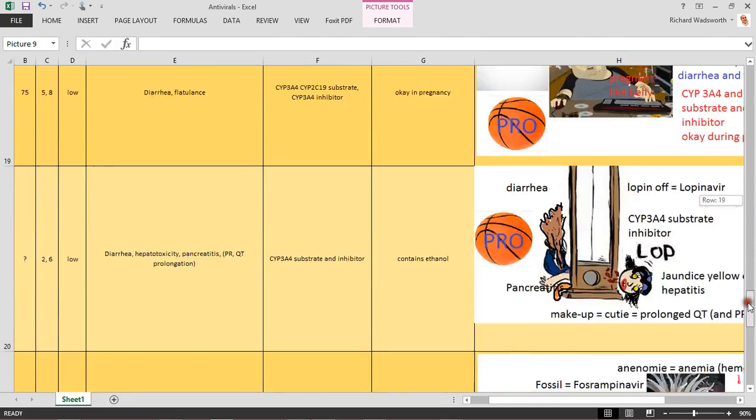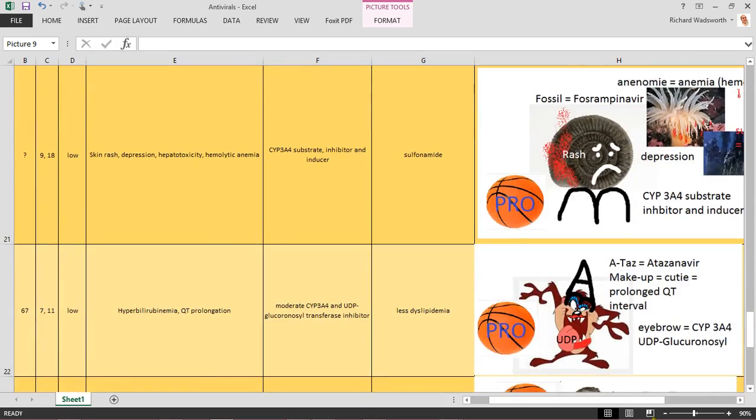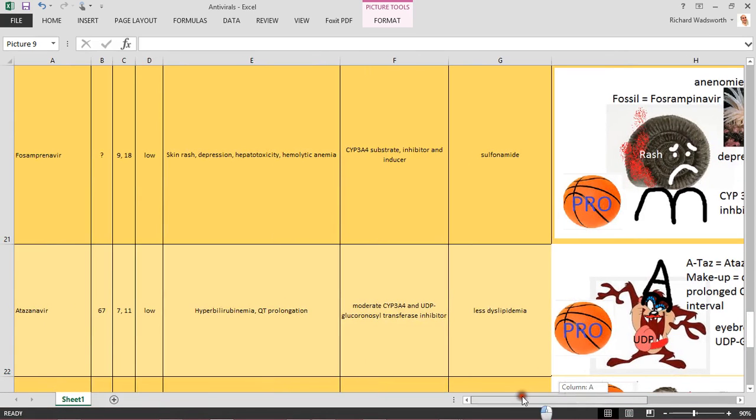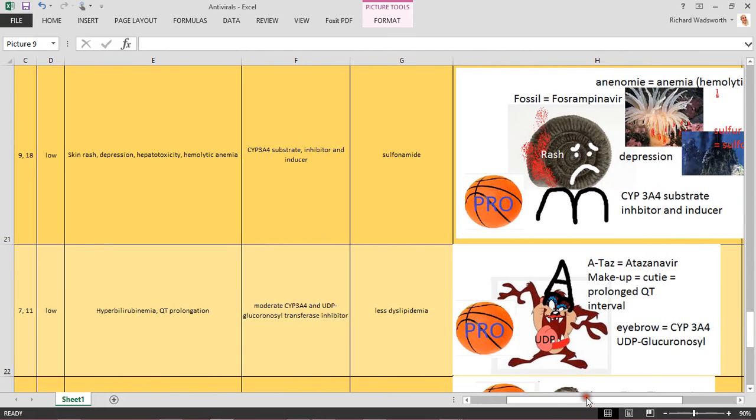Whoa. Okay, next. Next, we're going to deal with Fosamprenavir. Fossil. Here's a fossil. That's not an Oreo cookie. That's supposed to be a fossil. But the deal with this fossil is that it's depressed, and it has a skin rash. And these are its legs that look like a 3. And remember CYP3A4.